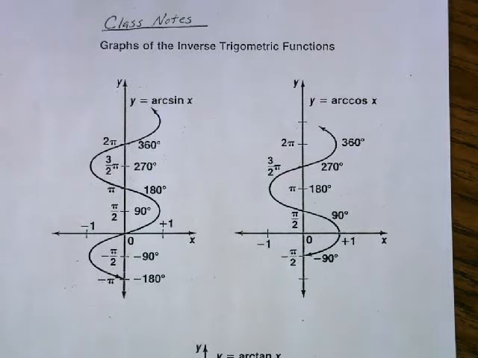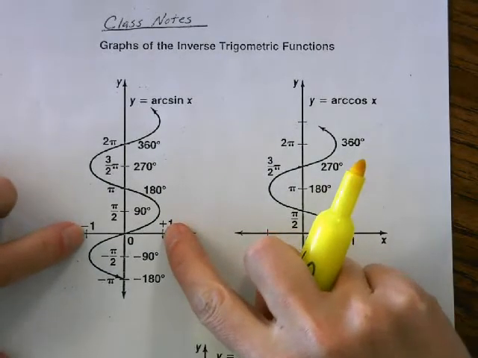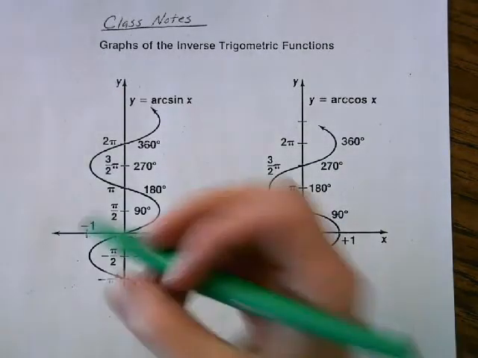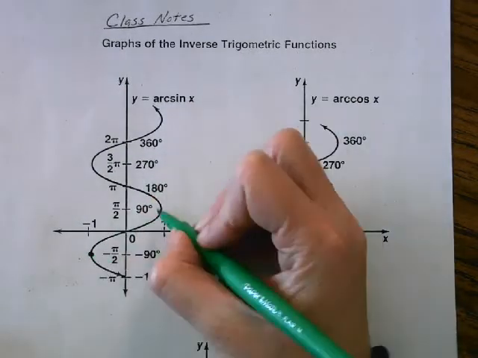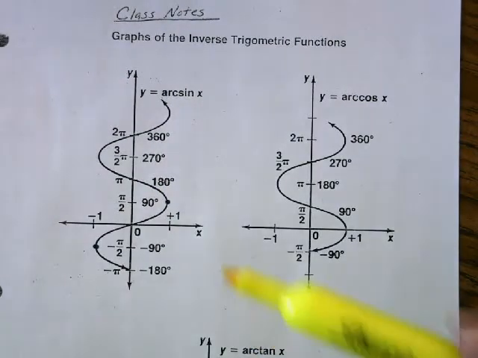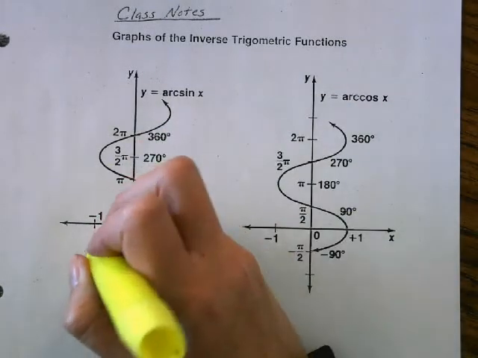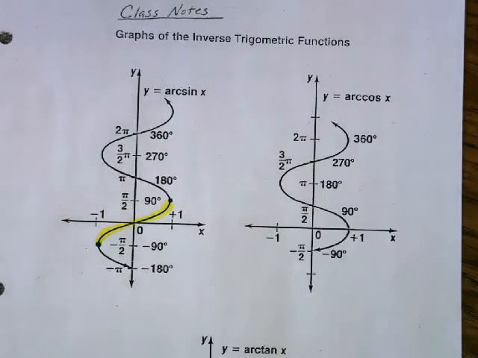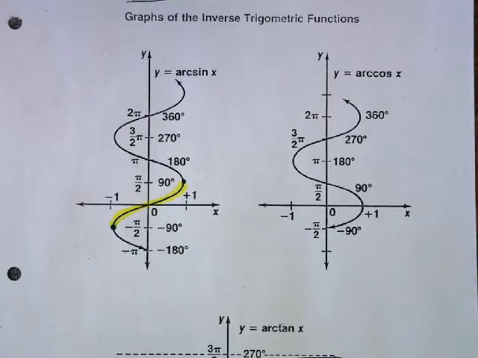To make this a function, we're going to pick a part of this graph, which goes from -1 to 1, but doesn't overlap. To do that, we're going to start this graph here, and we're going to stop here. So I'm going to highlight just this part of the graph. That yellow highlighted part of the graph is a function. It passes the vertical line test if I take away everything else.